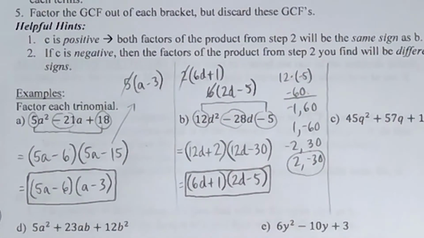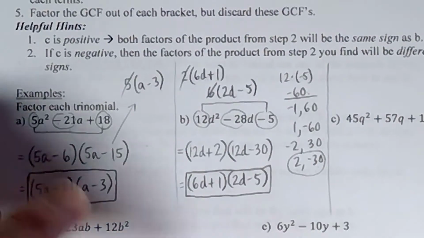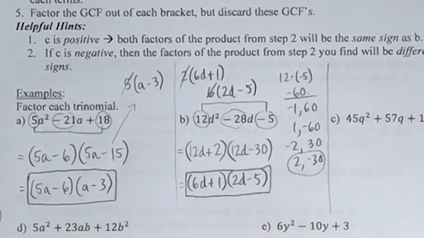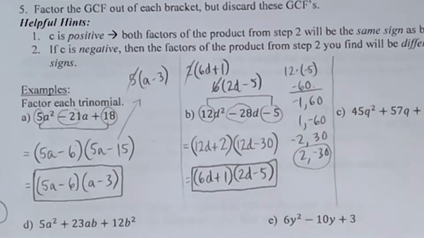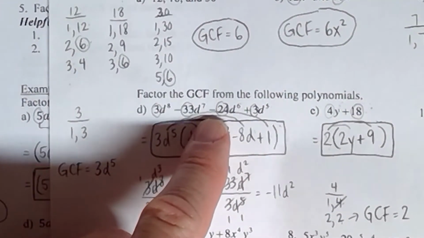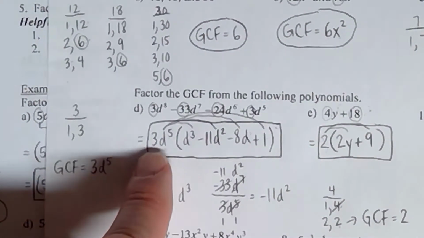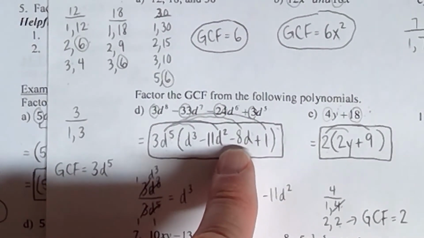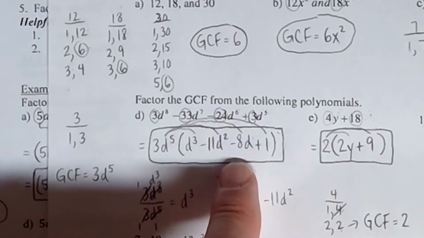Sometimes that involves just having a GCF term on the outside being multiplied by a bracket. But even in a case like that, you're still breaking down one polynomial, like back in 7.1, into two things being multiplied together: the GCF times the bracket.